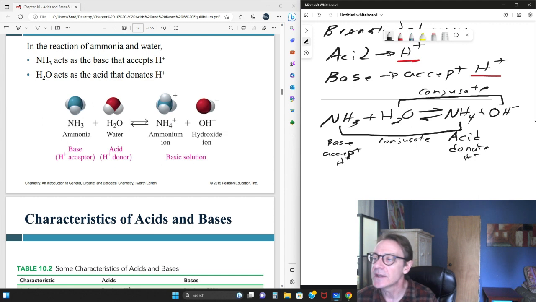You can see that we have an acid, since it has donated a proton. Okay? And the base, conjugate base of water in this case, would be the proton acceptor.